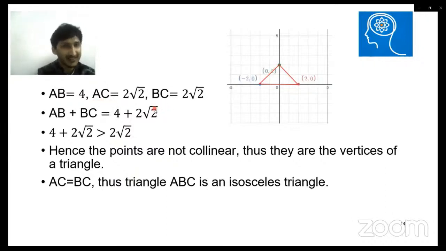The length of the side AC is equal to the length of the side BC, and we know since AC is equal to BC, we can say that the triangle ABC is an isosceles triangle, because in an isosceles triangle two sides are equal. So in this way we prove that the points are non-collinear as they form a triangle, and the type of triangle they form is an isosceles triangle.